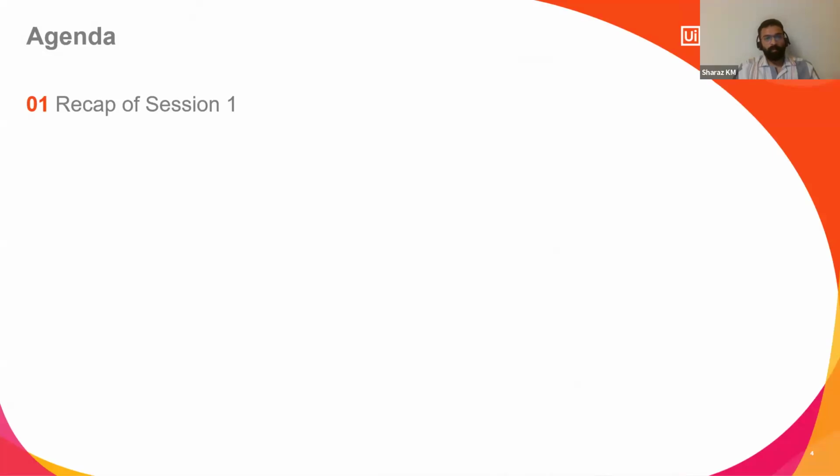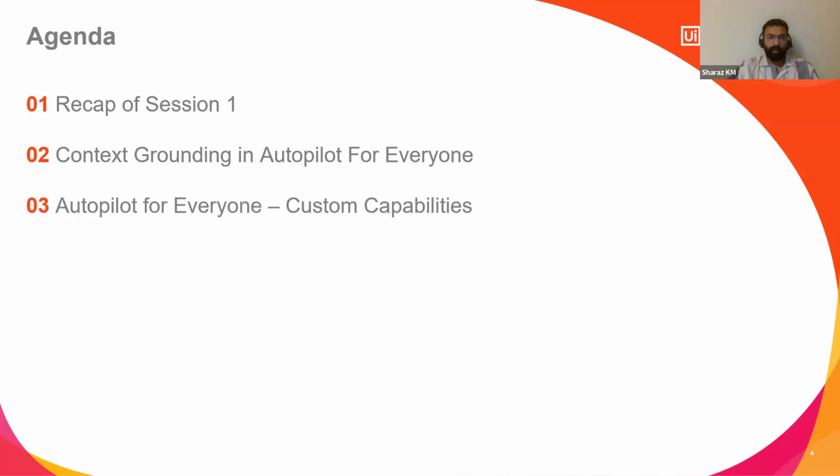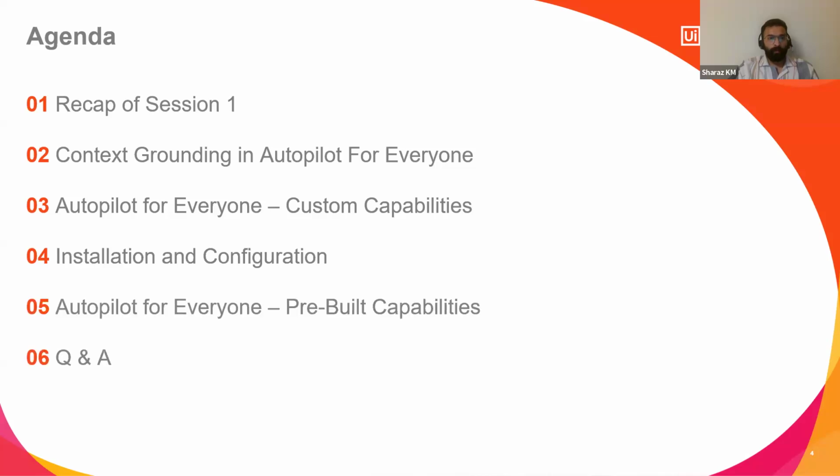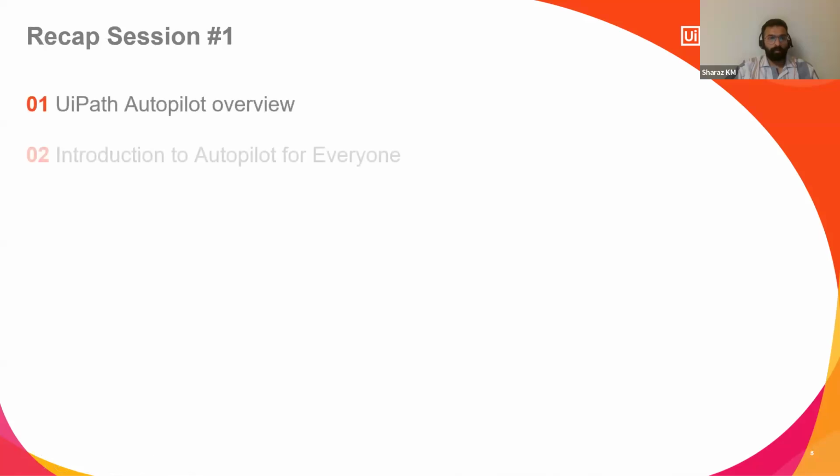Then we will go for context grounding in Autopilot for everyone. Then we'll talk about the custom capabilities, how we can integrate automation and add some tool sets for Autopilot for everyone.